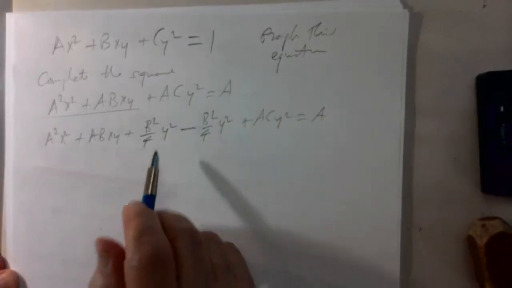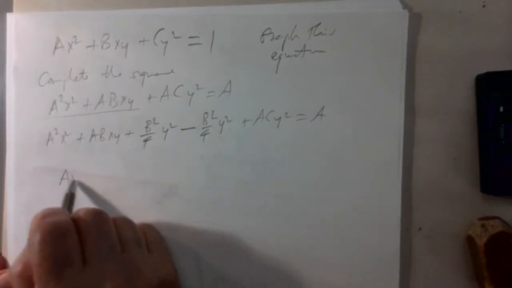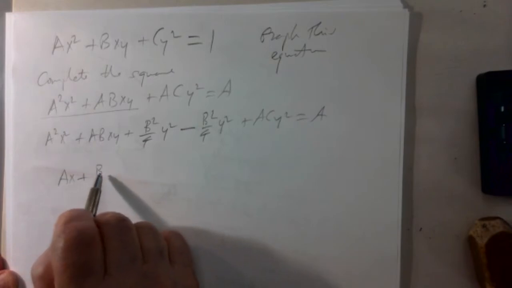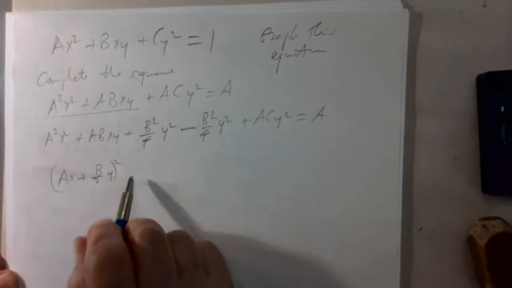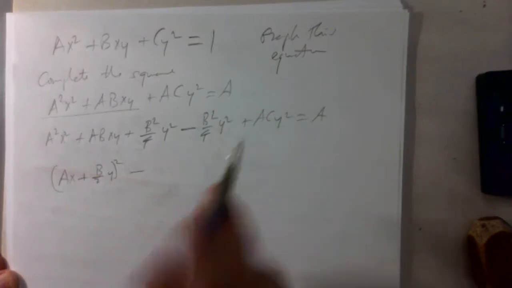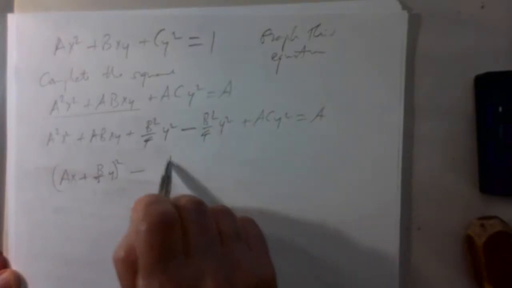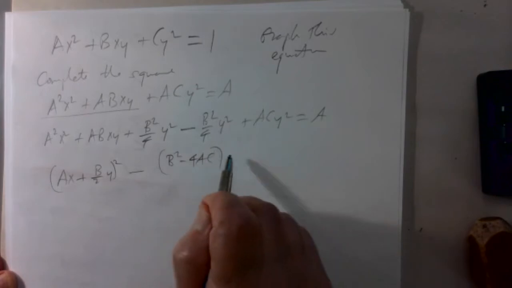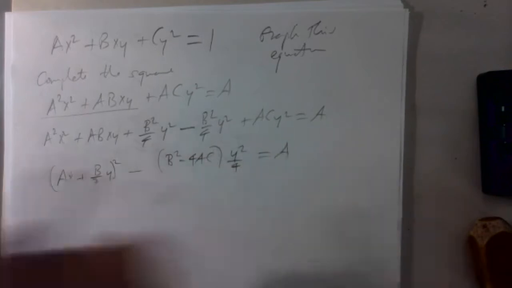So I just added and subtracted the same thing, and I did that because then this term is (ax plus b over 2 y) squared, minus, if I factor out a y squared over 4, b squared minus 4ac times y squared over 4 equals a.